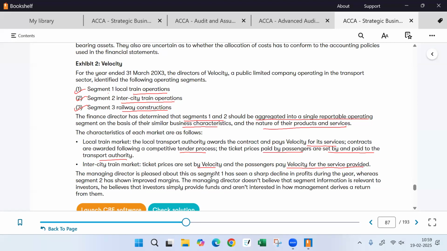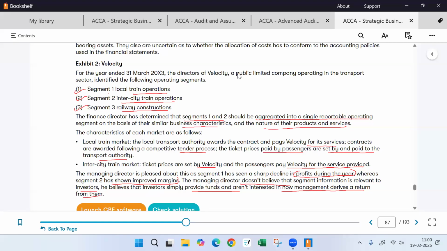The managing director is pleased about this: segment 1 has seen a sharp decline in profits during the year, whereas segment 2 has shown improved margins. The managing director doesn't believe that the segment information is relevant to investors. He believes that investors simply provide funds and aren't interested in how management derives a return for them. Okay.